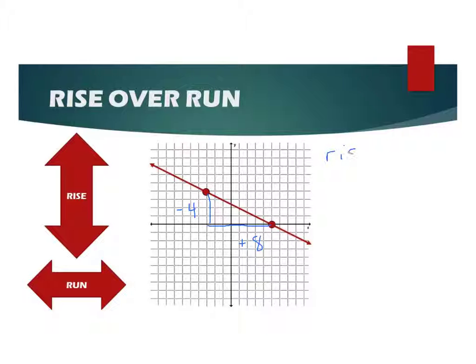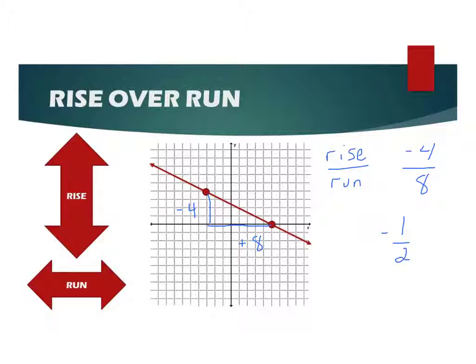So again, we're going to do rise over run. Our rise is -4. Our run is 8. So the slope is -4/8. But with all fractions, we can simplify them to simplest terms. And -4/8 is the same thing as -1/2.